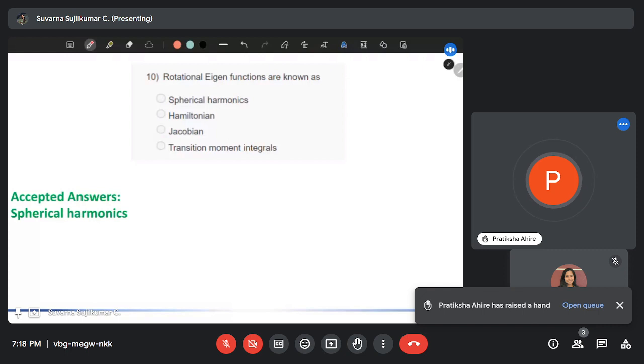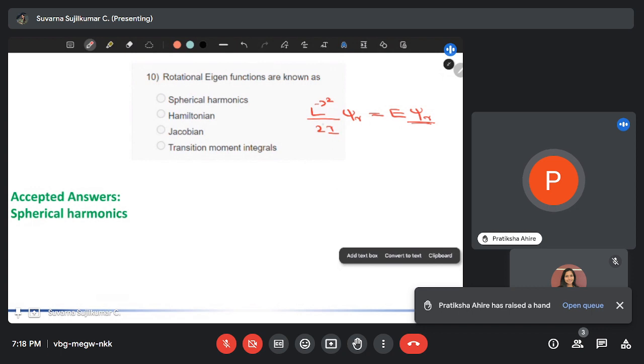For a rotational eigenfunction, we can represent it with an operator L square by 2I acting on the wave function psi r, giving eigenvalue E times psi r. So the momentum operator, the energy operator, acting on the wave function psi r gives back the wave function with a constant E. Here E is the eigenvalue, psi r is the eigenfunction, right?